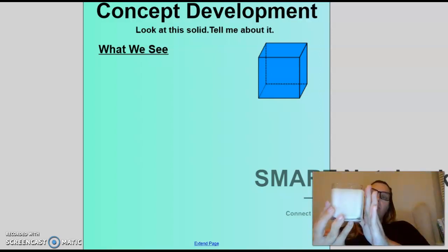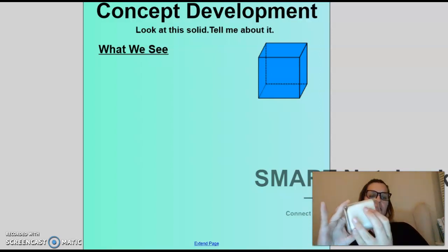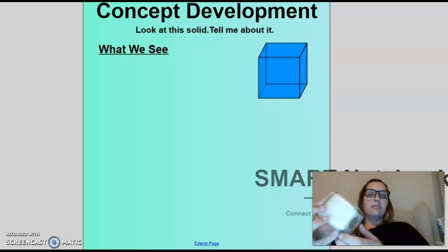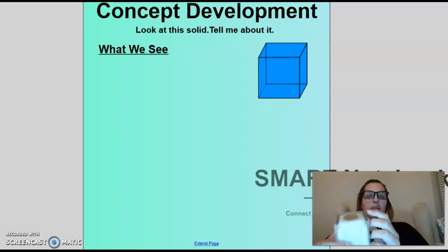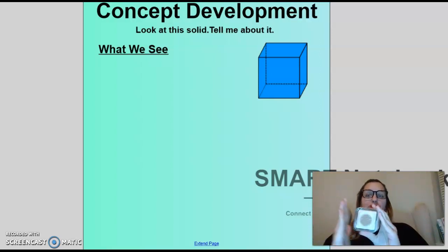And when we look at a cube, I want you to look at this. What do you see? Think about it and feel free to pause me and think. What shape do you see here? A square. And each square of a cube is called a face. Can you say face? Yeah, a face, just like our face.